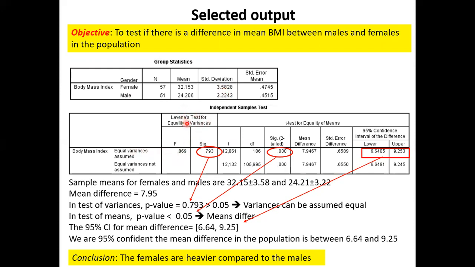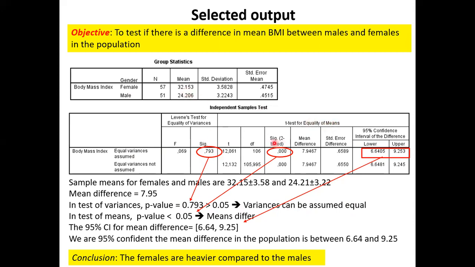We're going to compare the variances. Look at this table, the independent samples test, first part, testing equality of variances. We go to the p-value; the Sig value is the p-value. Is it more than or less than 0.05? More than. That means variances can be assumed equal. What is this part? Equality of means.